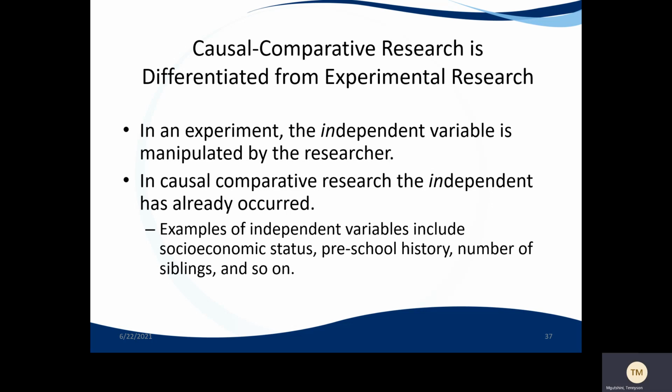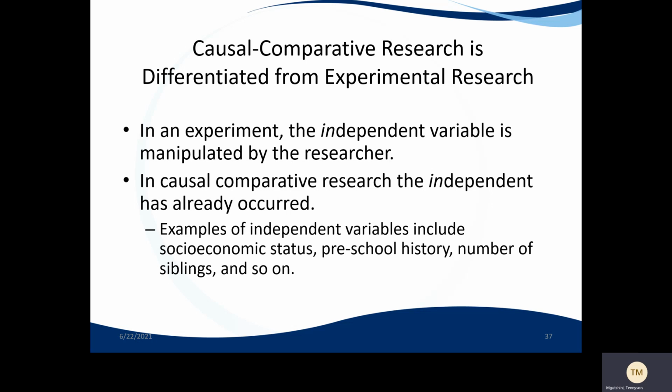Now, causal comparative research, of course, is non-experimental, and by that virtue, it differs from experimental research in quite obvious and expected ways. One, there is no manipulation of the independent variable. So in causal comparative research, by virtue of it being non-experimental, you do not manipulate the variable.